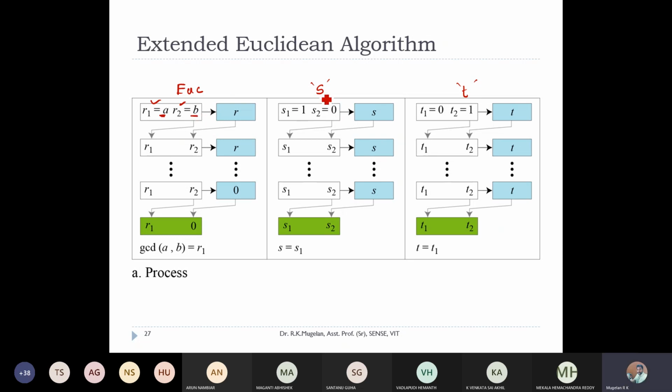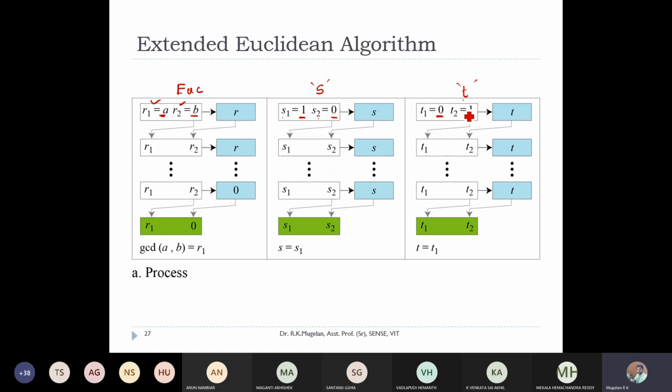Now, the first step of finding S is to initialize S1 and S2. S1 will always be 1 and S2 will always be 0. For finding the value of T, I initialize T1 to be 0 and T2 to be always 1. These are fixed initial values: S1 is always 1, S2 is always 0, T1 is always 0 and T2 is always 1.